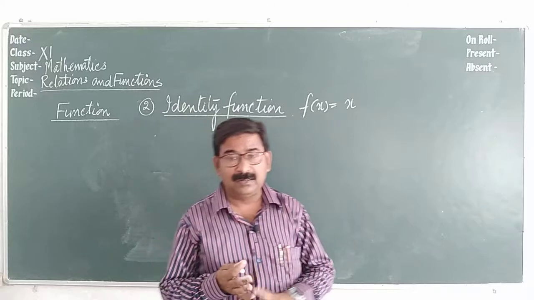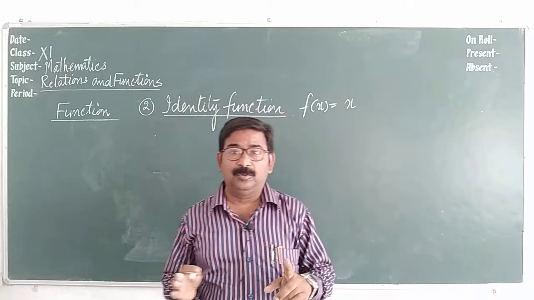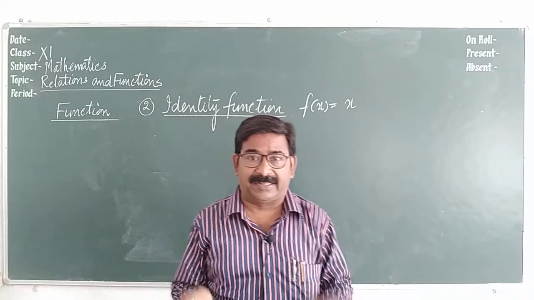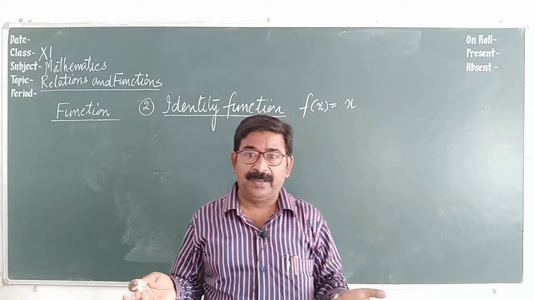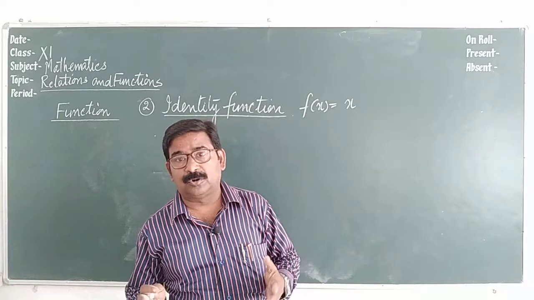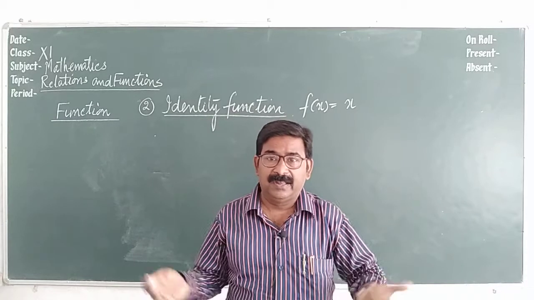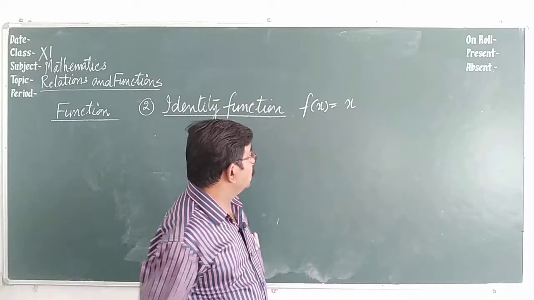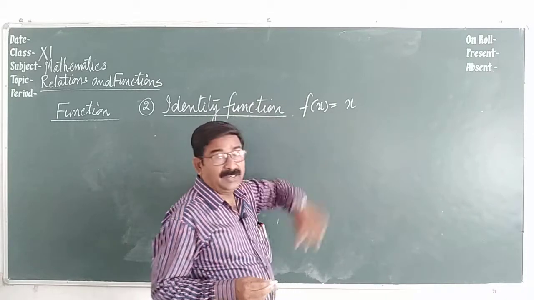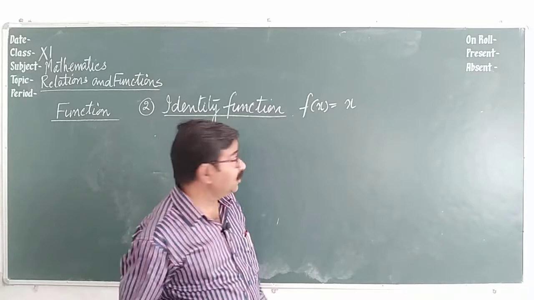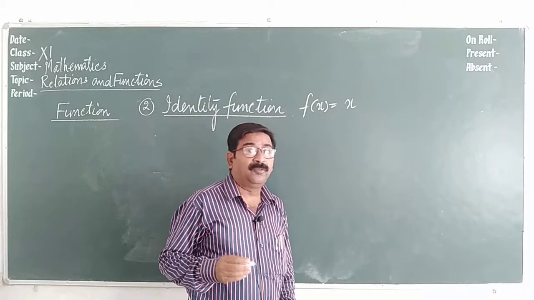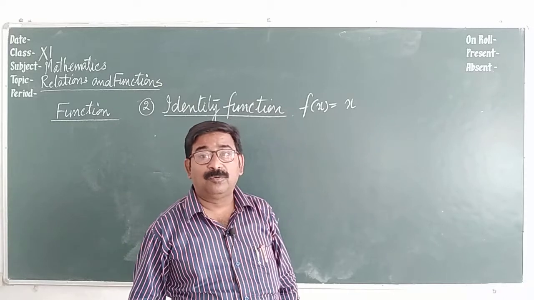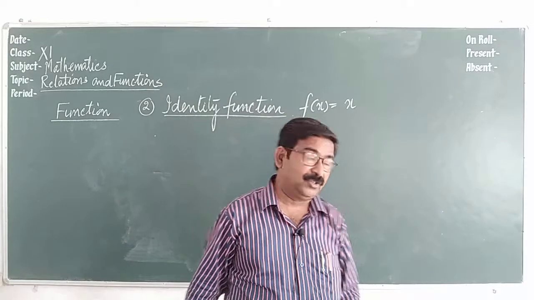Just keep in mind the concept: all values which are possible to take for x is the domain, and the possible values of y obtained is the range. Got it? So f(x) = x is an identity function. Let us see for every identity function what the domain and range are.